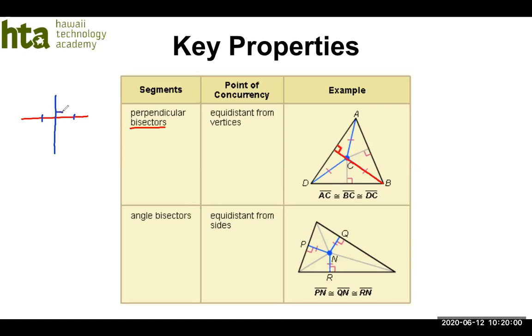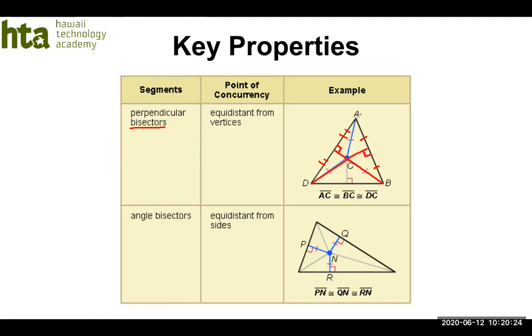If it makes a right angle and cuts it in half, then it is a perpendicular bisector. So all these segments here in red in the figure, those are all perpendicular bisectors. Okay, so from D to this side, it is a right angle and it's cutting it in half. So it's a perpendicular bisector.